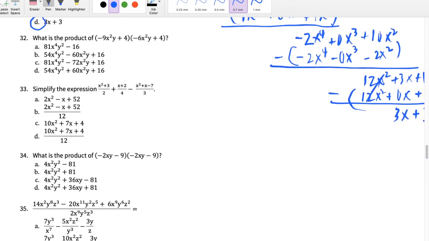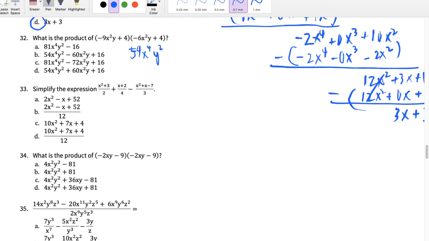Okay. Number 32. What is the product of this one? Okay. So, if you do FOIL method here, first, negative, magiging positive, 9 times 6 is equal to 54, x raised to 4, y raised to 2. Okay?